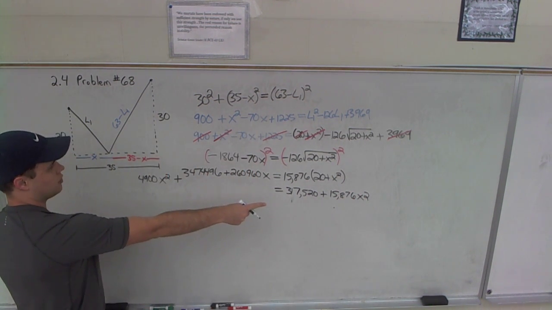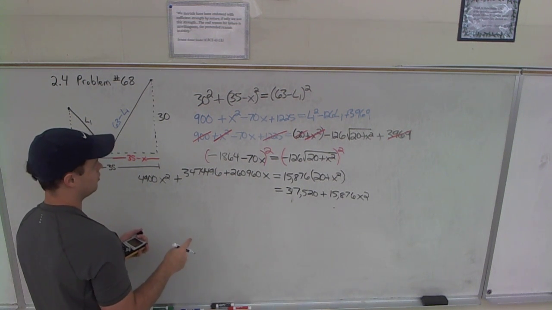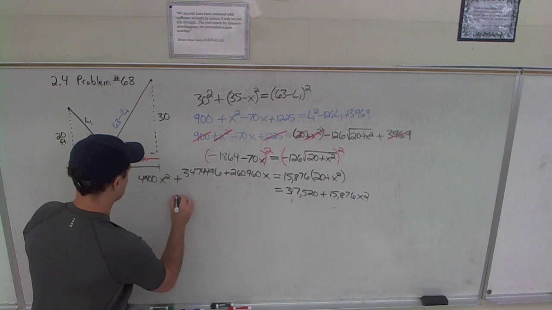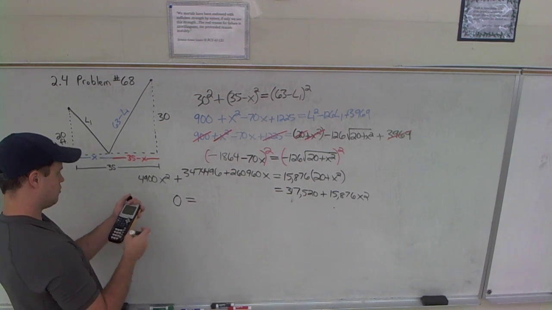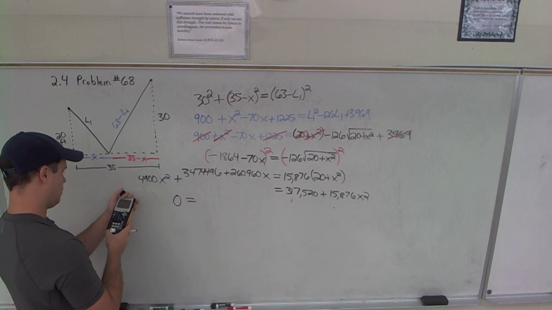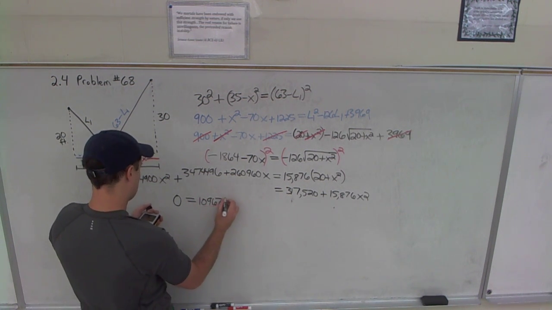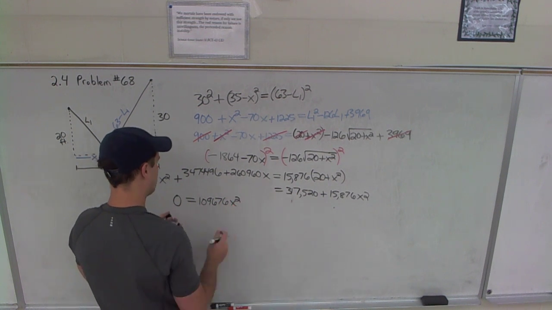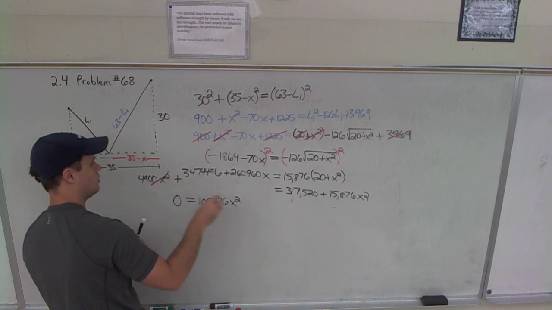Alright, so we have that number of x squareds over there, this number here, I'm going to subtract that way with everything. So I'm going to get 0 on this side. Let's see, I have 15,876 minus 4900. So that's going to be 10,976 x squared on that side. Let's cross out what we've accounted for.